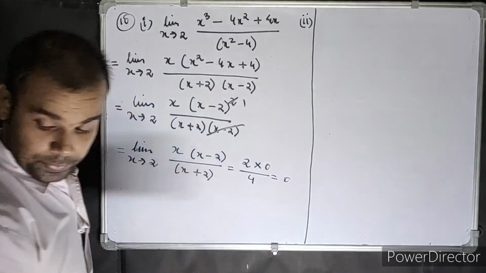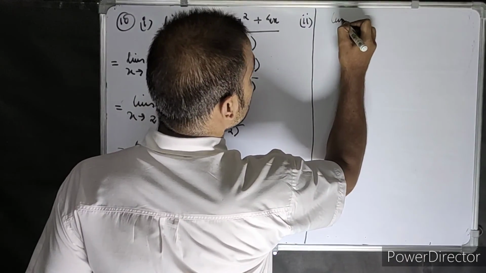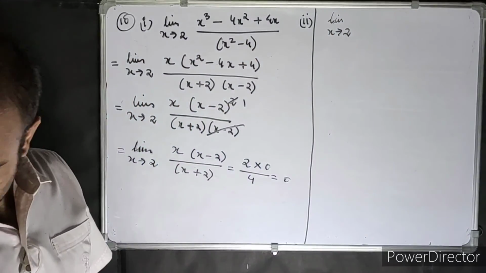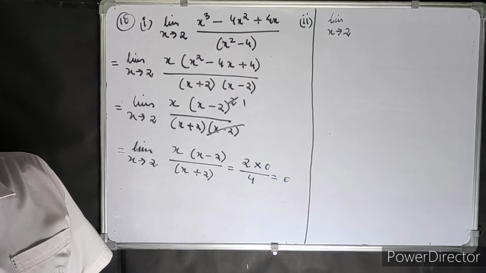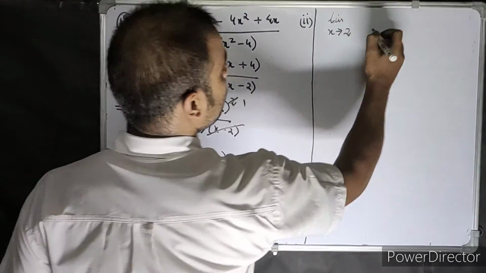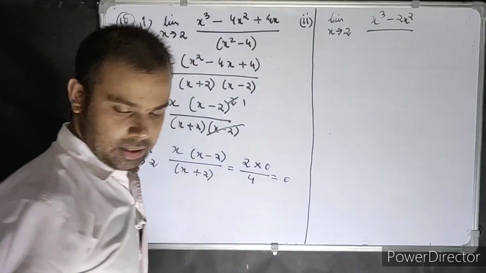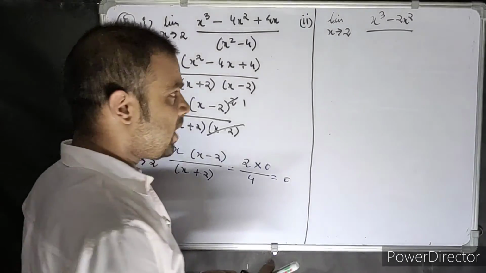Then part 2 is, what is that? Limit x tends to 2, (x cube minus 2x square), whole thing divided by (x square minus 5x plus 6).